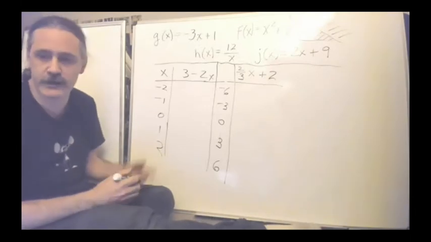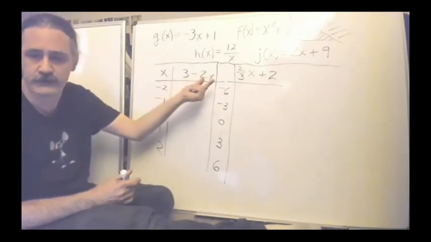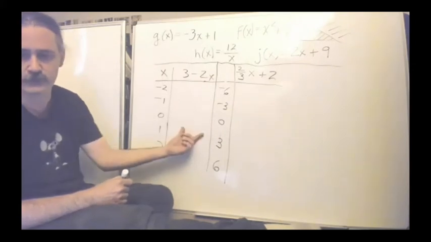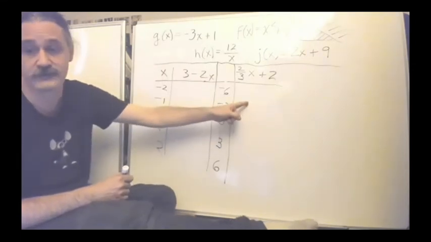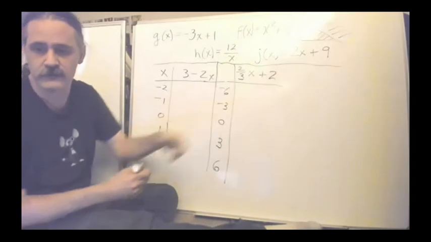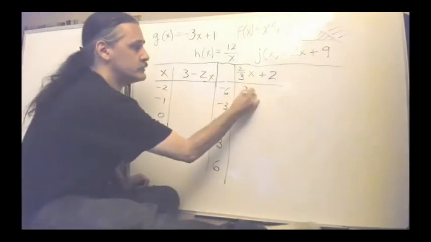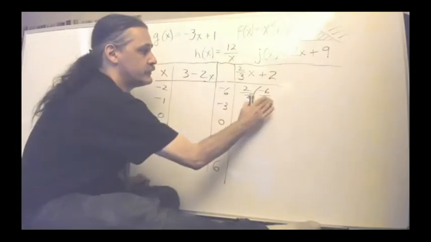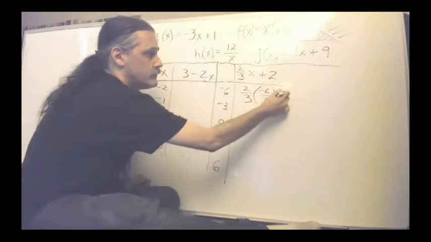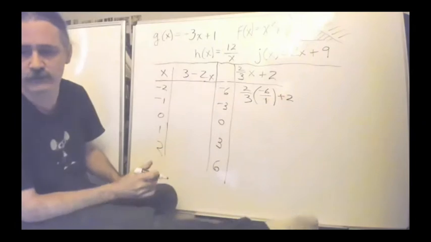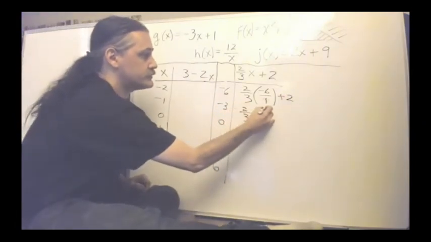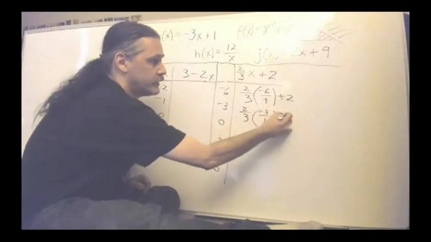Okay, so now it's just a matter of plugging the x's we're using into the rule. I'm going to have you finish this one on your own, but I'll walk you through this one because, again, it's a fraction. So when you do 2 times -6 and then you divide by 3, or if you want to cross cancel, you do 2 times -6 and then divide by 3.